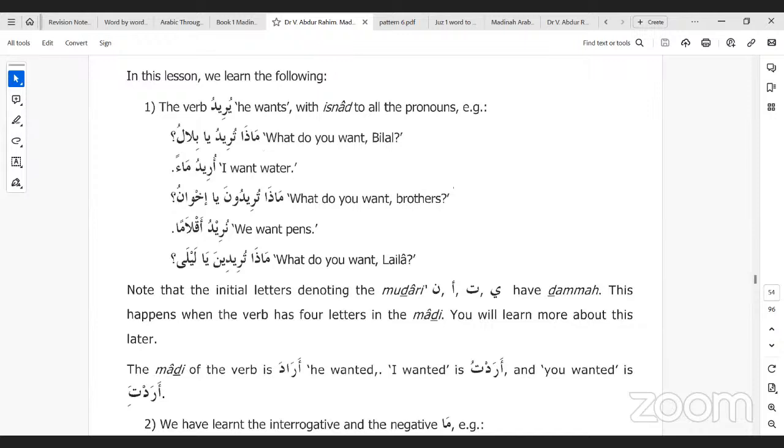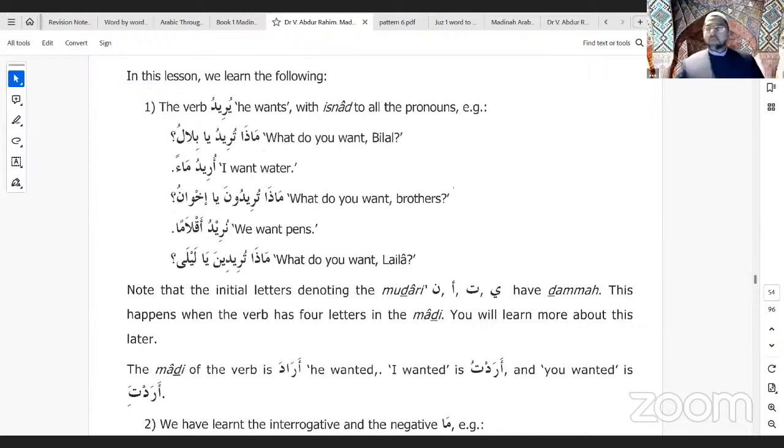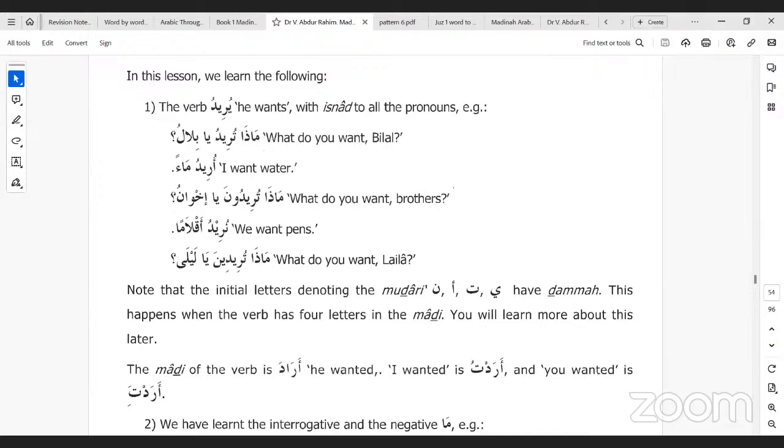We want pens. Mada turidina ya Layla. What do you want, Layla? Note that the initial letters denoting the mudari, ya, ta, alif, noon, have dhamma. This happens when the verb has 4 letters in the madhi. You will learn more about this later.